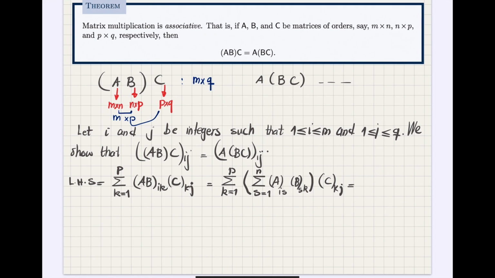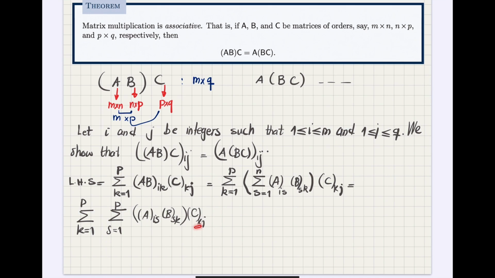So let me start from here. I would write sigma, K goes from 1 to P. What I am doing is flipping this C inside, so it becomes A sub IS, B sub SK, and then C sub KJ. And then here S goes from 1 to N. I don't need to put another pair of brackets here because we have already talked about consecutive sigmas.